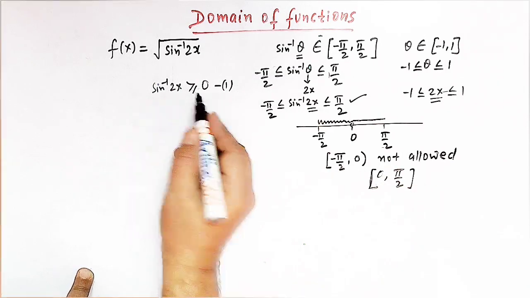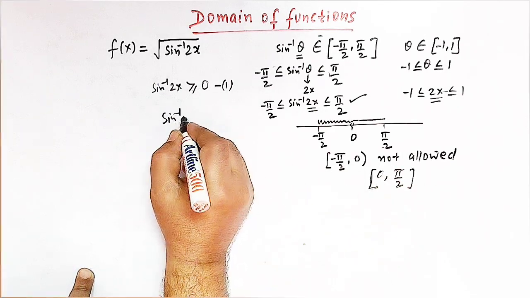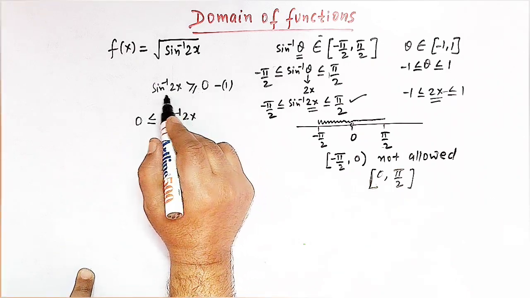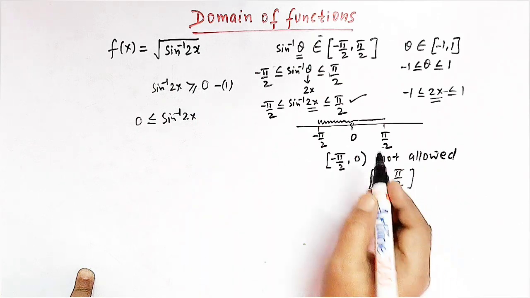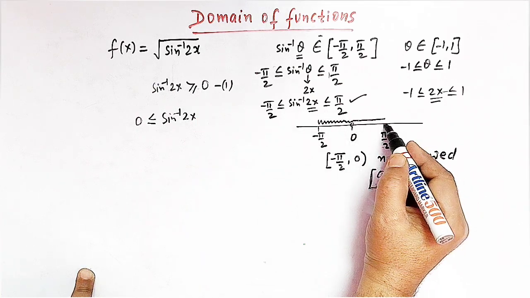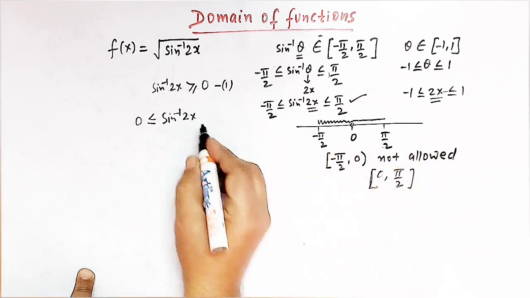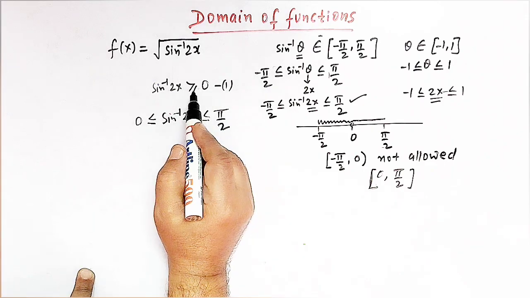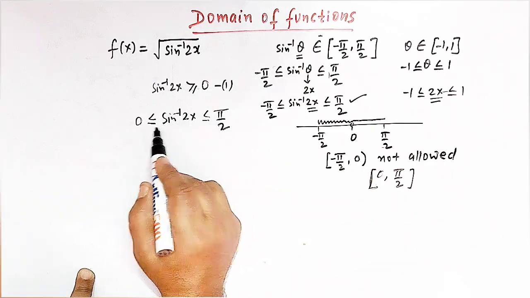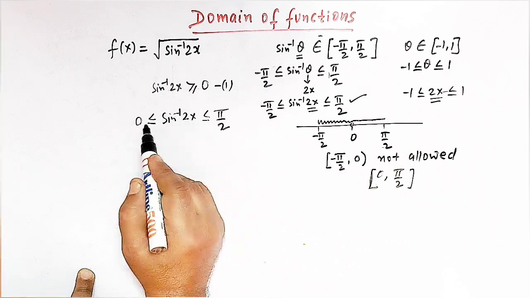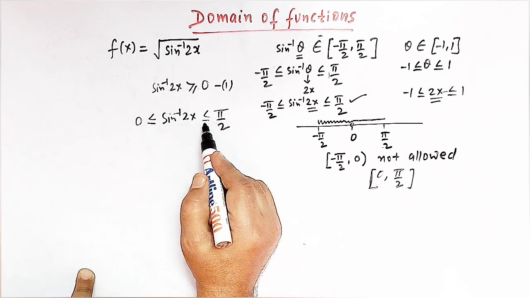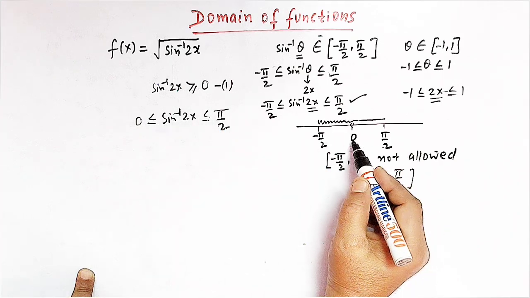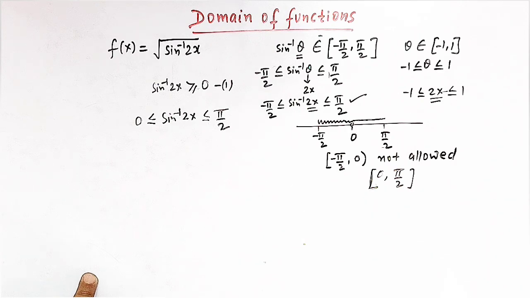So now we have to write here sine inverse 2x should be greater than or equal to 0 as required by this condition, and because sine inverse 2x cannot go beyond pi by 2, here we have less than or equal to pi by 2, right? So this inequality is incorporated in this inequality. So sine inverse 2x should be greater than or equal to 0 but less than or equal to pi by 2. So now sine inverse 2x is positive in this interval, that is 0 to pi by 2.